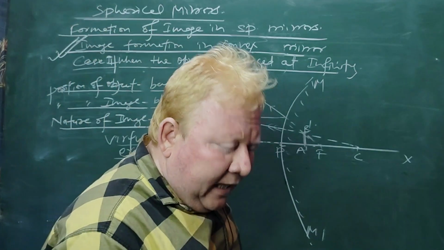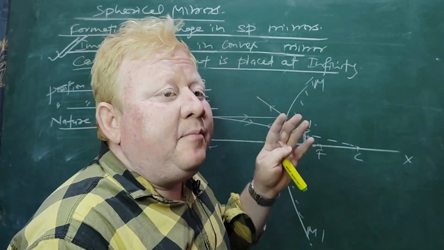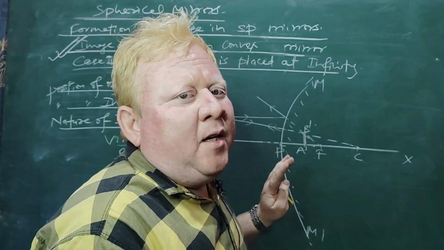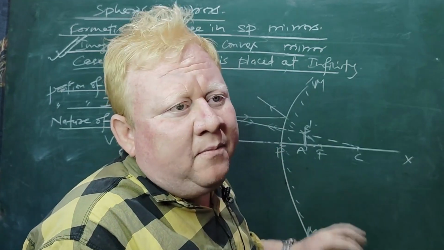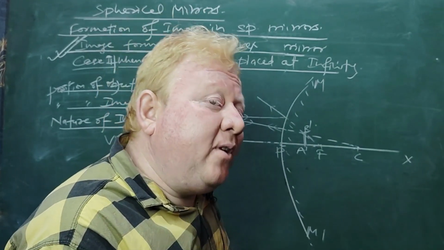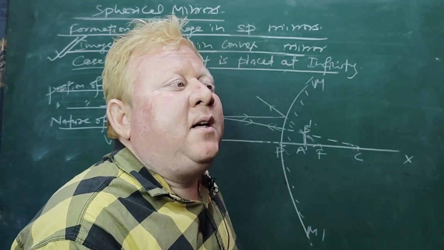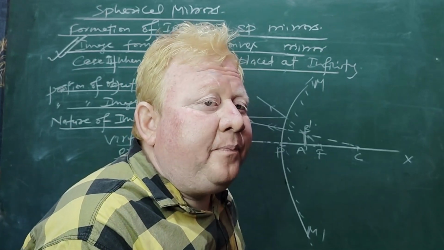So when someone asks you to name a mirror which always forms a virtual, erect, and diminished image, there is only one answer: the convex mirror, because in a convex mirror, in all possible cases, a diminished image will be formed. So what about a magnified image? Go for concave mirror. Same size virtual, go for plane mirror.